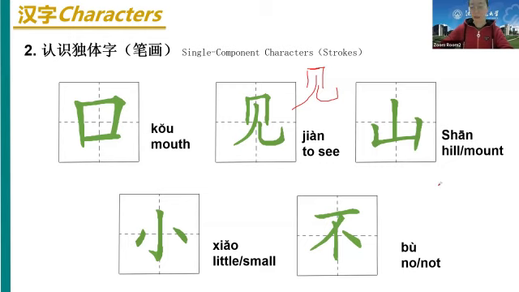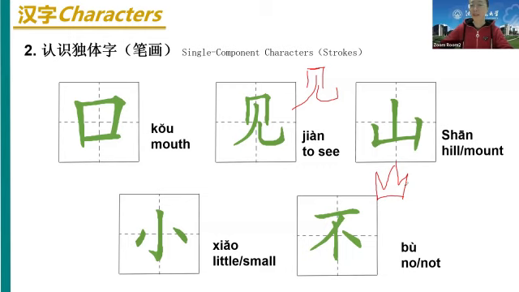And look at this Chinese character, shan. It means hill or mountain. The original Chinese character was written like this. What does it look like?